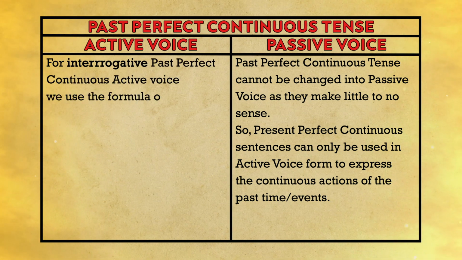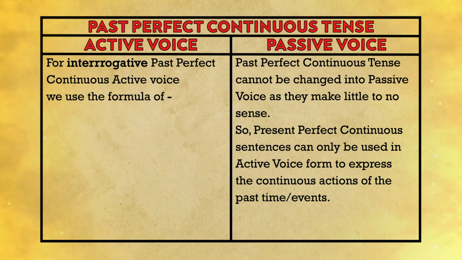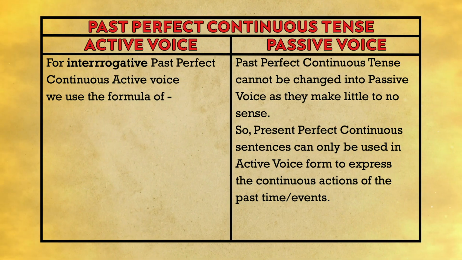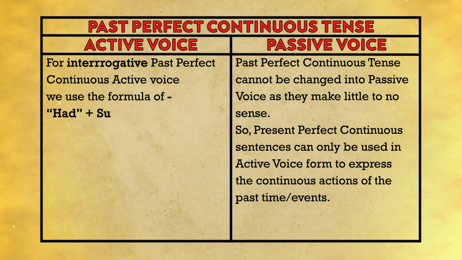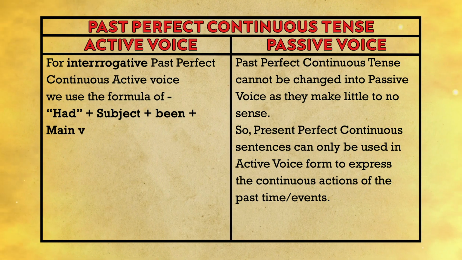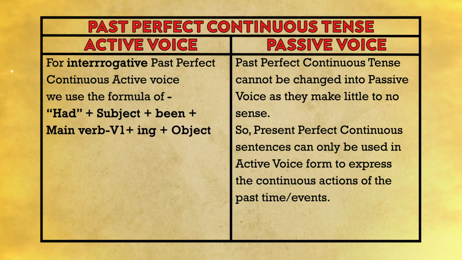Now, the structure formula for interrogative past perfect continuous tense in the active: had plus subject plus been plus main verb, that is verb 1, plus ing plus the object.